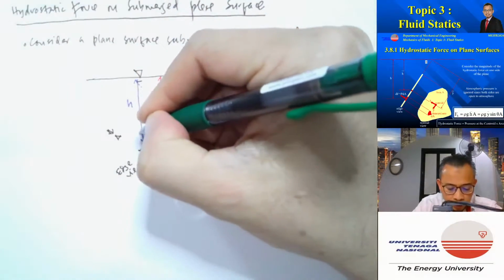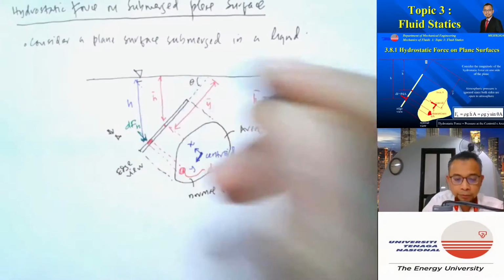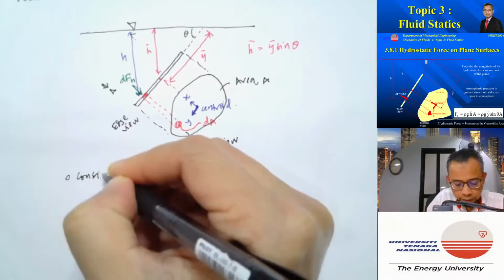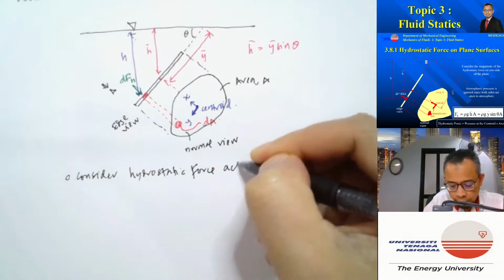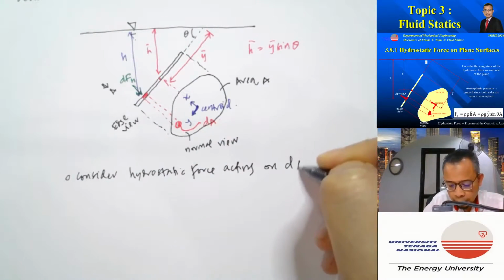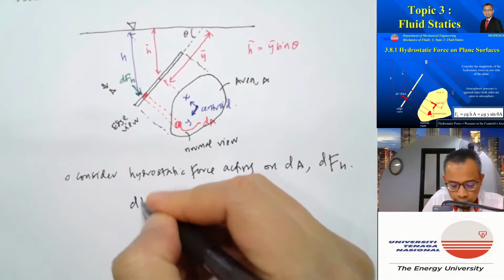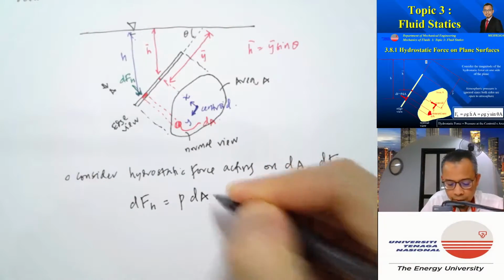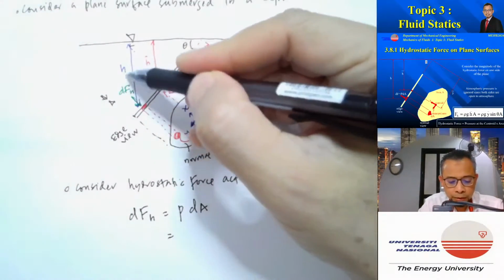The hydrostatic force acting on this small area, let's call that dF hydrostatic. So dF hydrostatic will be equal to the pressure there multiplied by dA. But the pressure here is equal to rho g h.